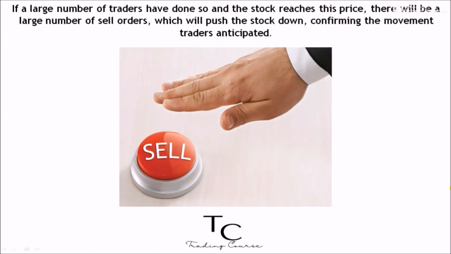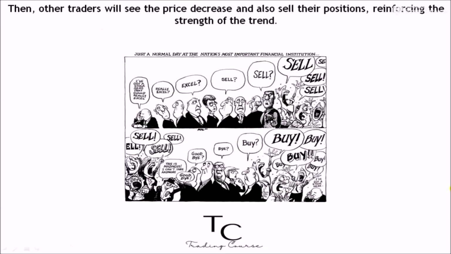If a large number of traders have done so and the stock reaches this price, there will be a large number of sell orders, which will push the stock down, confirming the movement traders anticipated. Then, other traders will see the price decrease and also sell their positions, reinforcing the strength of the trend.